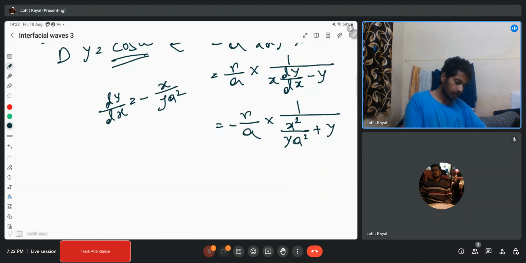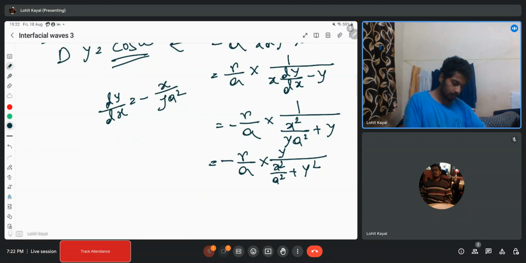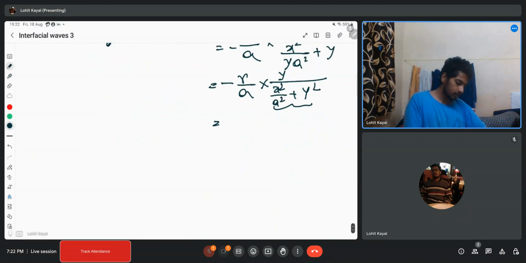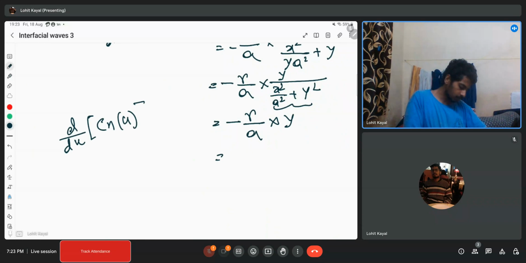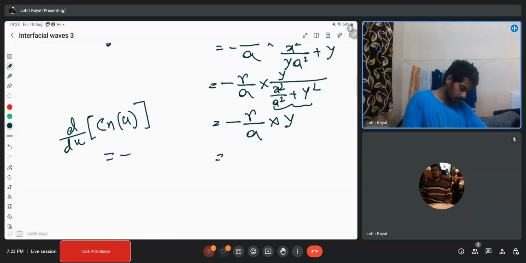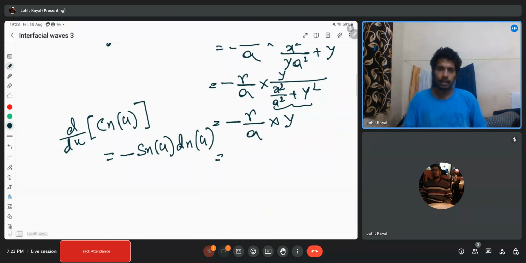You can multiply numerator and denominator by y. So you will finally get minus r over a into y by (x square plus a square plus y square). Now this is the equation of the ellipse, so it is 1. So it is minus r by a into y. So d/du of cn u equal to minus sn u dn u. Okay, so this is your identity.